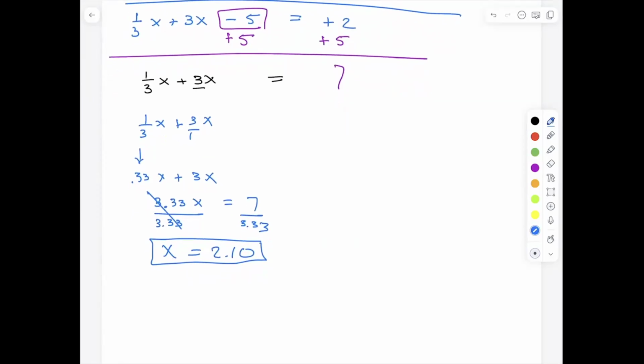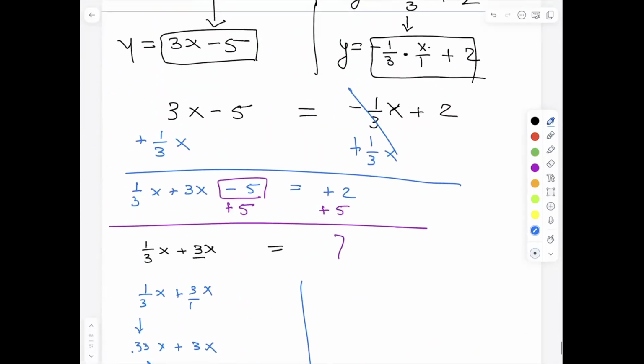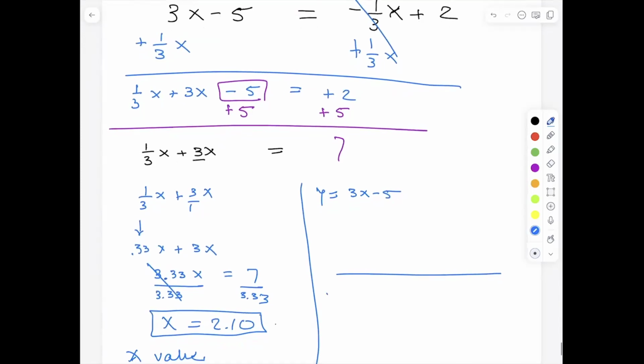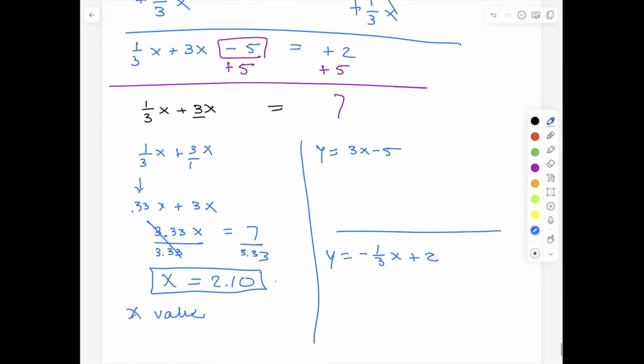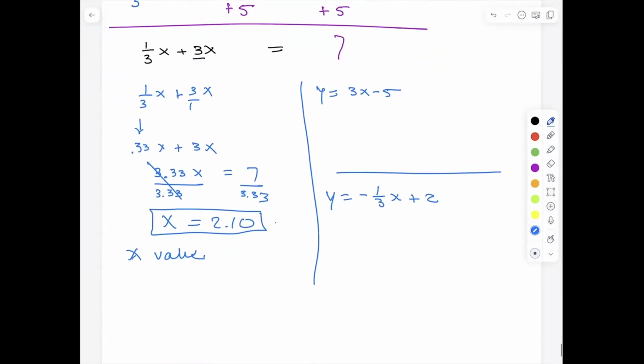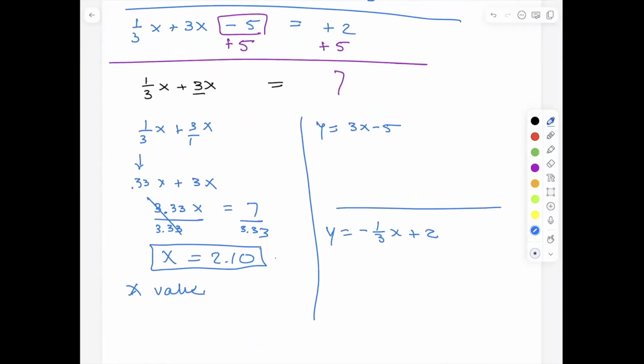I am going to take this x value, and I have two equations, right? I have y is equal to 3x minus 5, or y is equal to negative 1/3 x plus 2. So I can use either of these two. I'm going to go with the one that doesn't have a fraction.